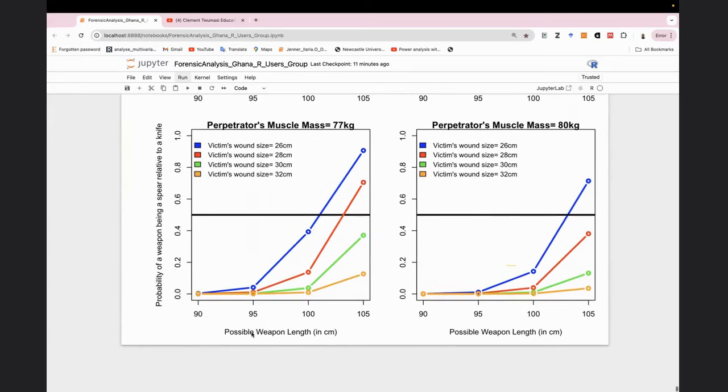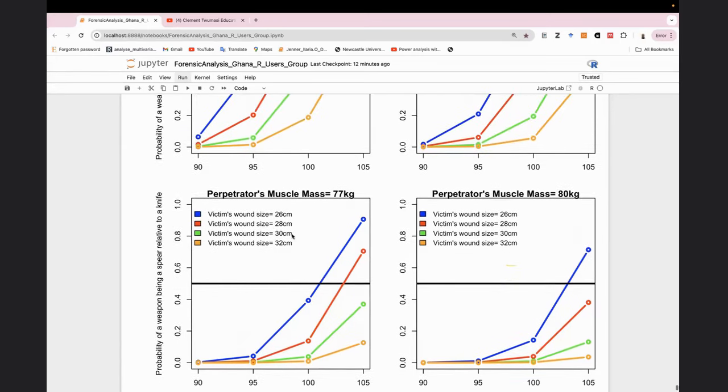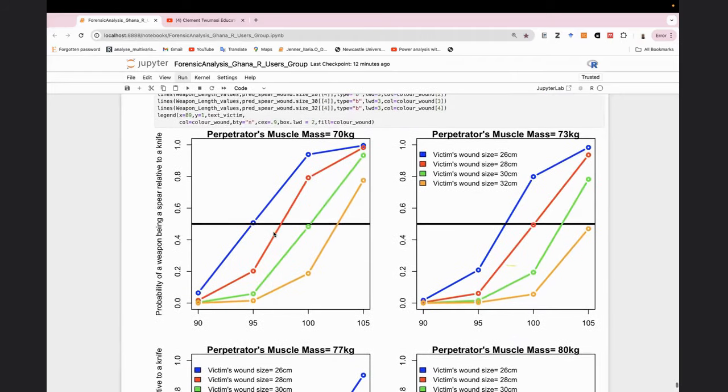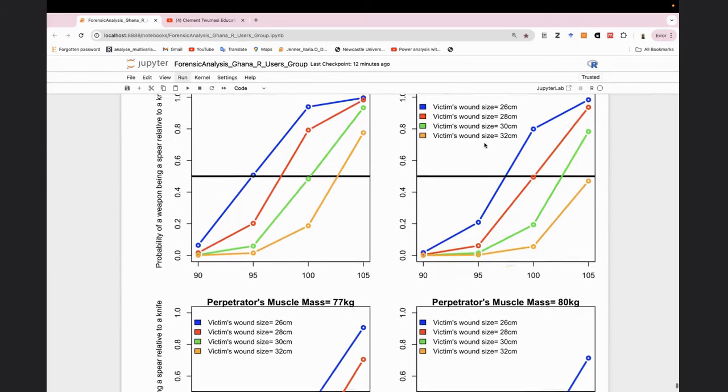The y-axis here is weapon length, and I've done it at each of the possible muscle masses. The colors, red, yellow, green, orange, correspond to the wound size. Anytime you see blue, it means the wound size was 26. These were the four wounds on the individual, and you want to make predictions on whether each wound was caused by a knife or a spear.